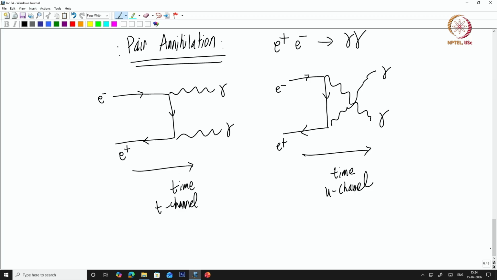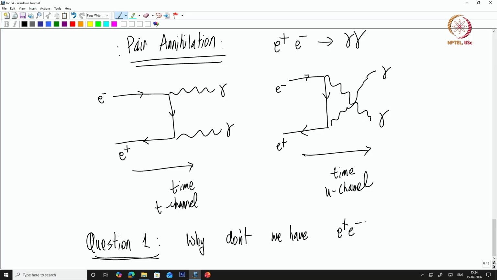Now, question 1. This is something you should answer and you should know the answer. Why don't we have E plus E minus going to a single photon? Why doesn't annihilation happen to a single photon?